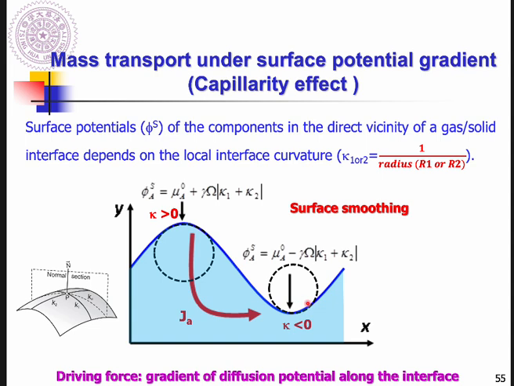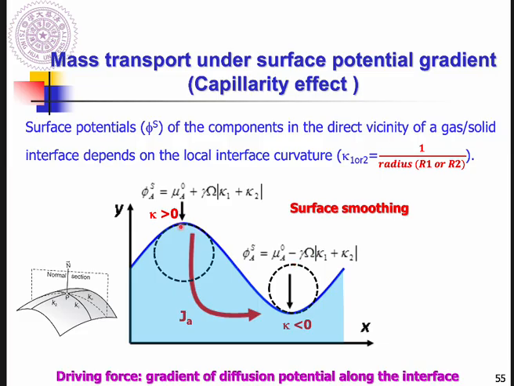However, if the atom is at a concave region, the recessed part, the surface potential can be written the same way, but the difference is the minus sign.